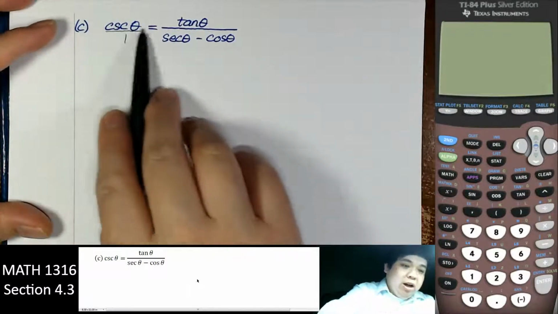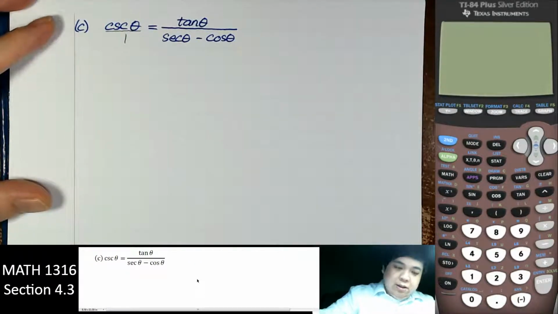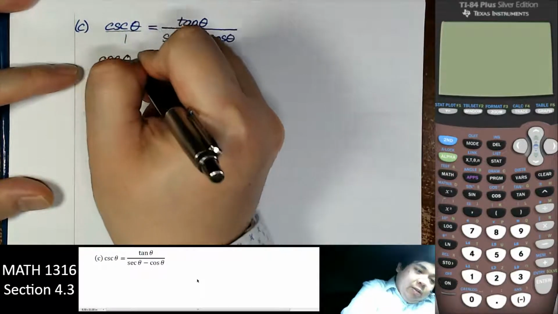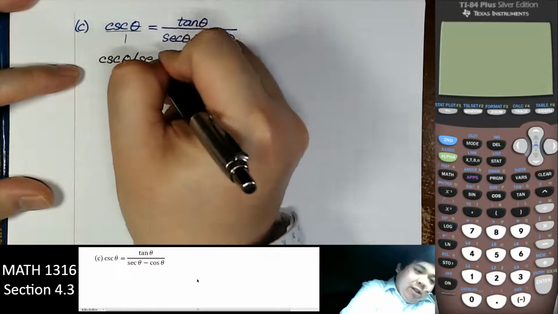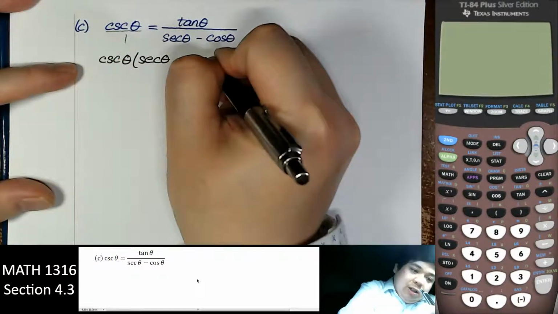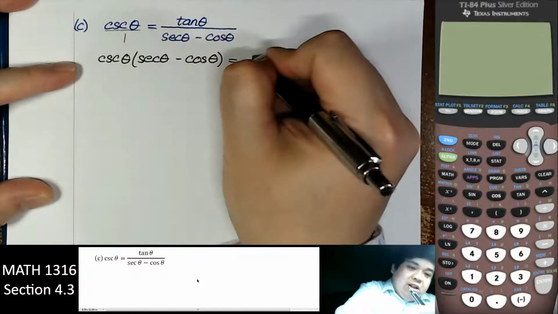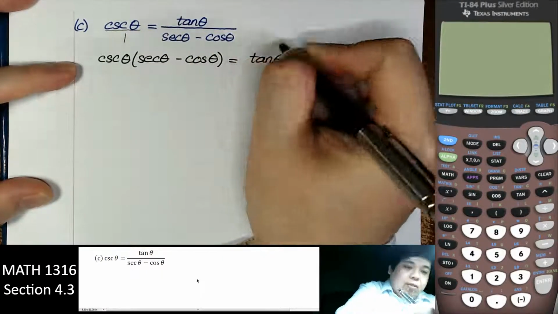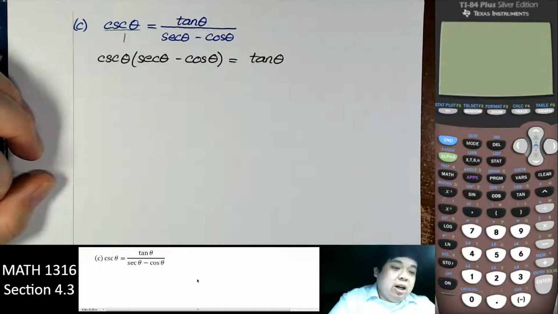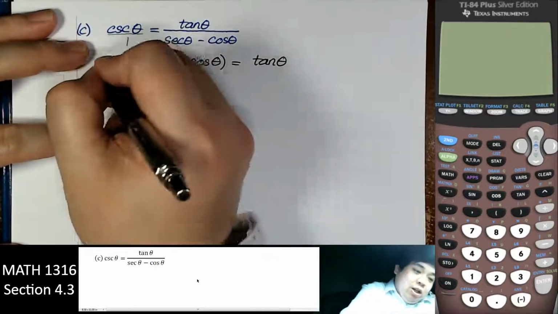So I cross multiply in here. Cosecant times secant minus cosine, and then tangent. So cross multiply, so there's no more fraction. Right, multiply it out.